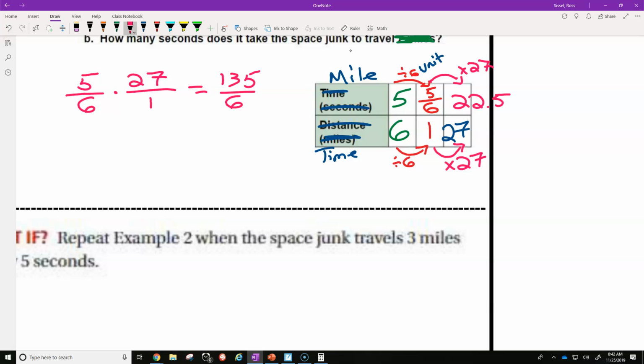So my answer is this space chunk, this asteroid, whatever it is, is traveling 22.5 miles per 27 seconds.